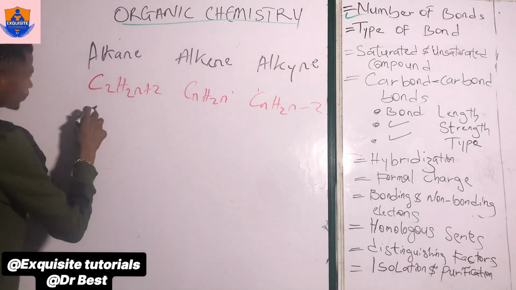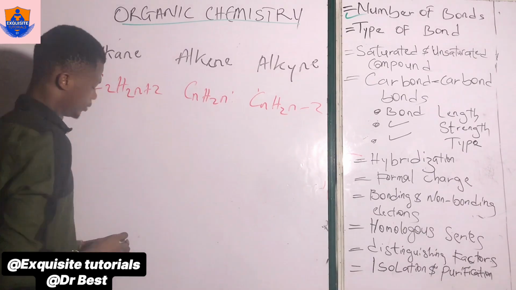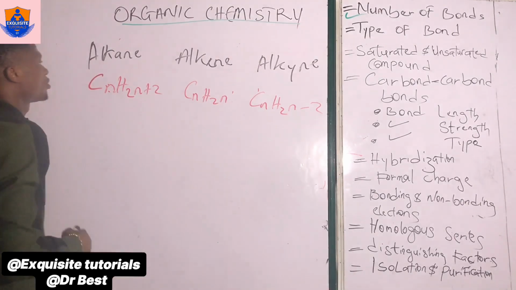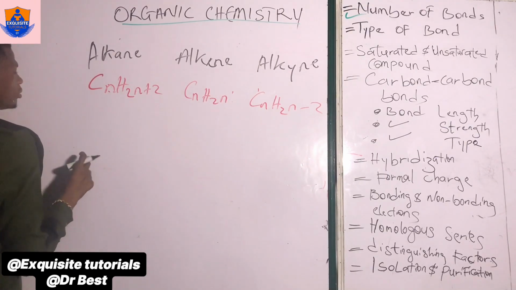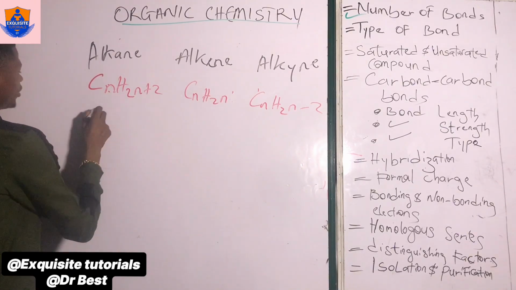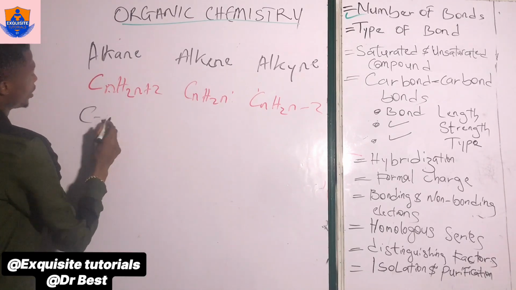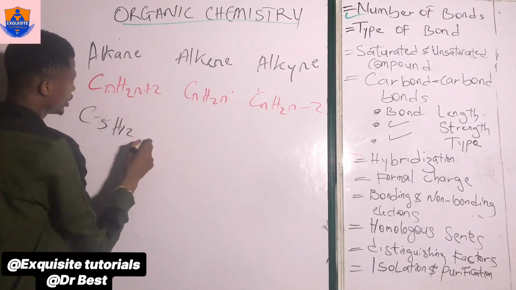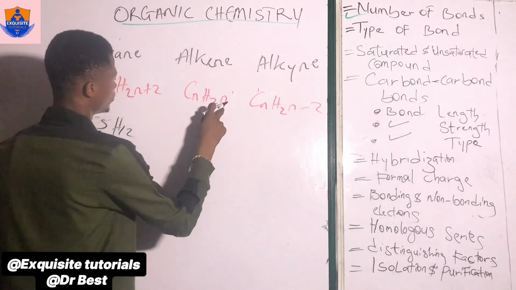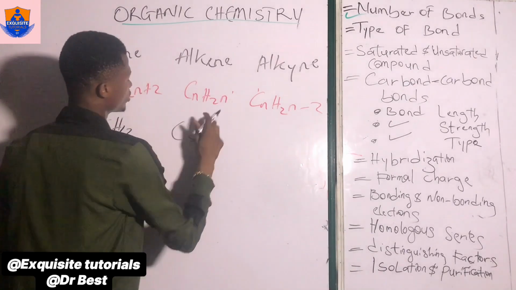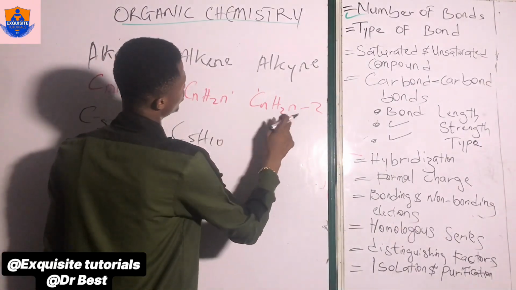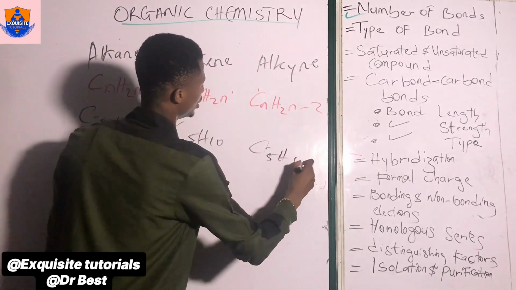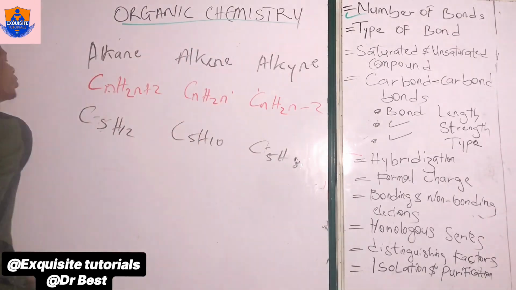Say you write out the molecular formula of number 5 of the alkane family. It's going to be C5H(2 times 5, 10, plus 2), H12. Then for CnH2n, 2 times 5 is going to be H10. CnH2n-2 with 5 is going to be C5H8.